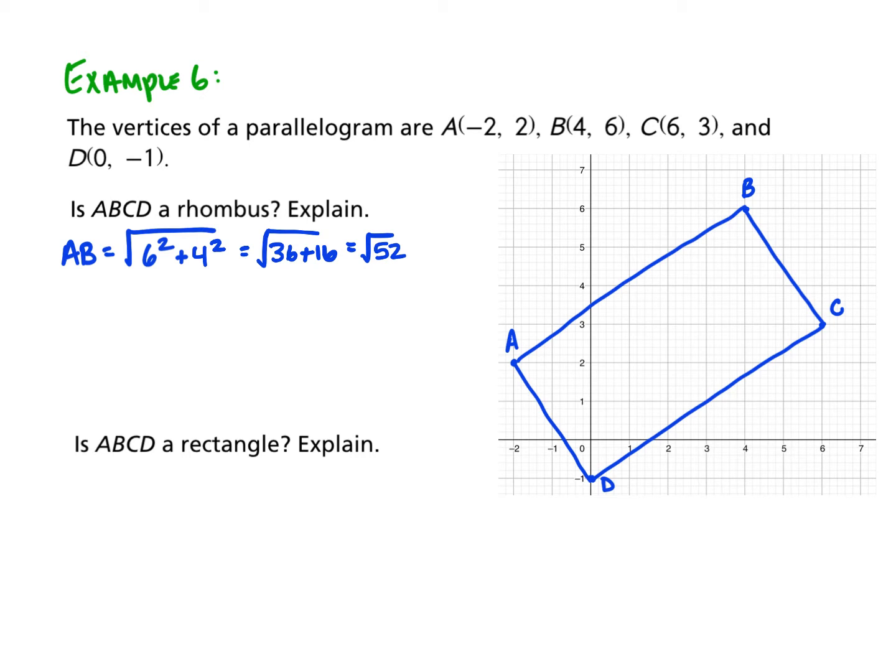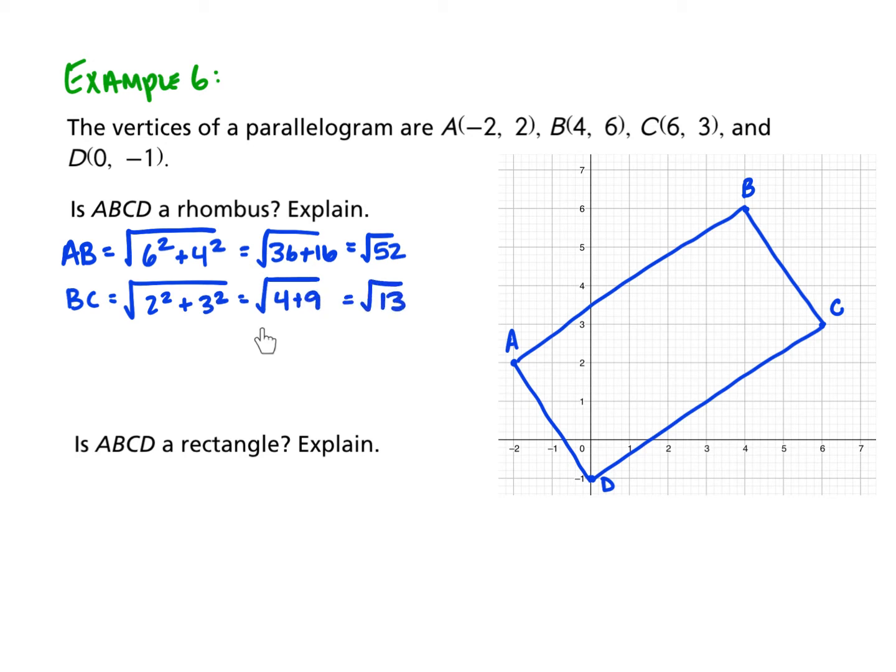Let's find the length of BC here. For BC, my x coordinates are 4 and 6. That's a difference of 2, so we'll have 2 squared. The y coordinates for B and C are 6 and 3, so that's a difference of 3. So I'll have 3 squared. So this is the square root of 4 plus 9, which is the square root of 13.